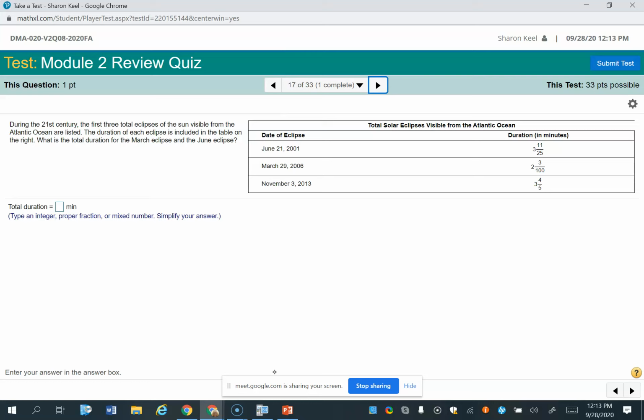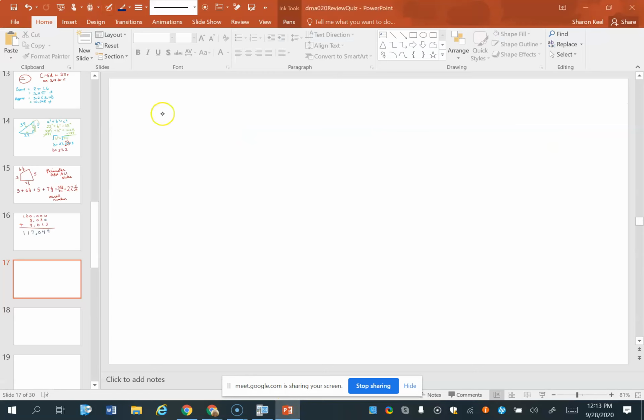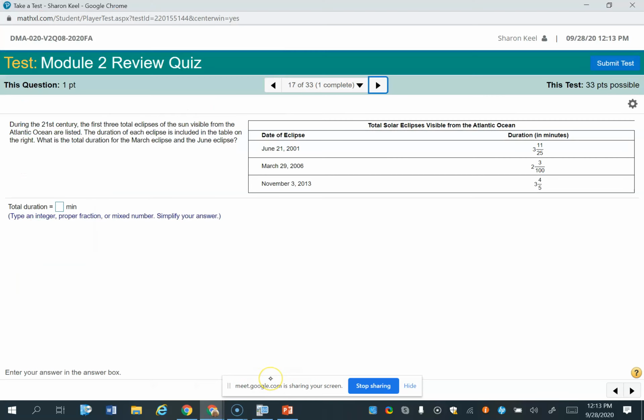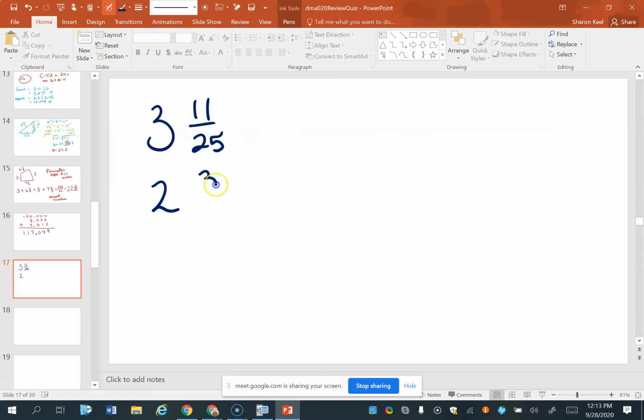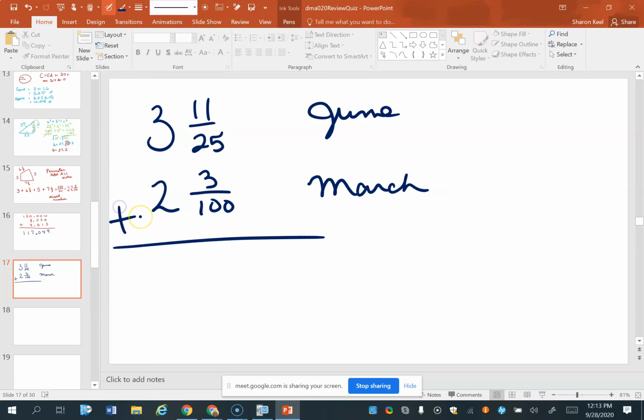So if we're adding these first 2 for March and June, we have 3 and 11/25. And we also have 2 and 3/100. So we had June and we had March, so make sure you're adding the correct 2.